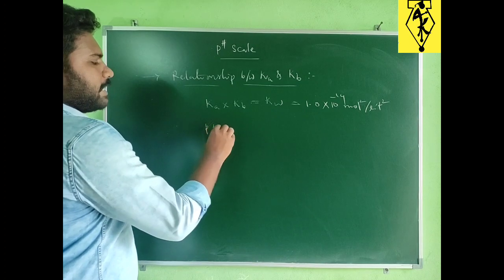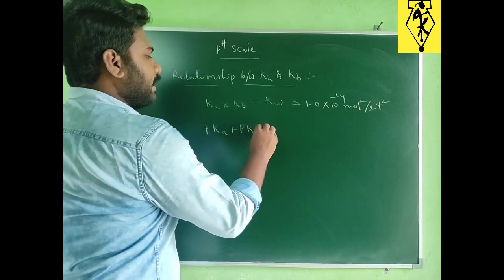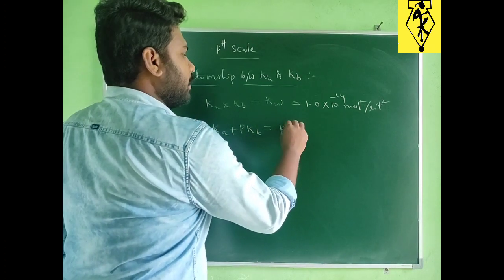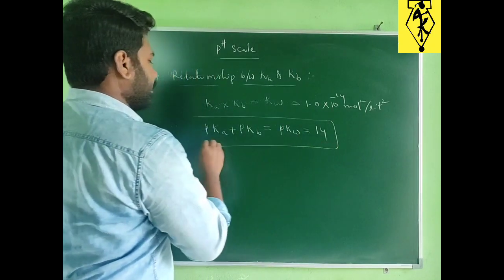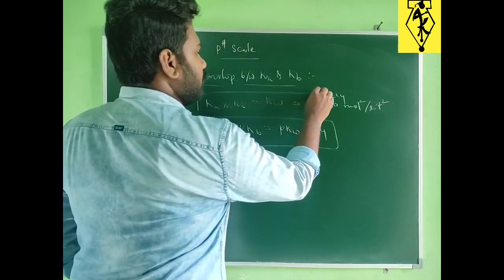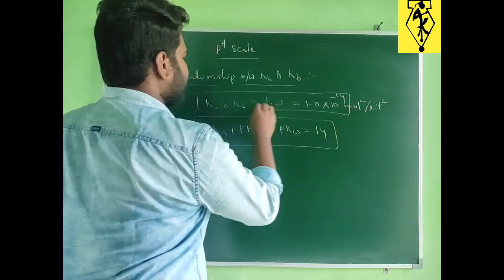This can be written as pKa plus pKb equals pKw, which is equal to 14. So these are the two important relationships which have a scope to be asked in exams.